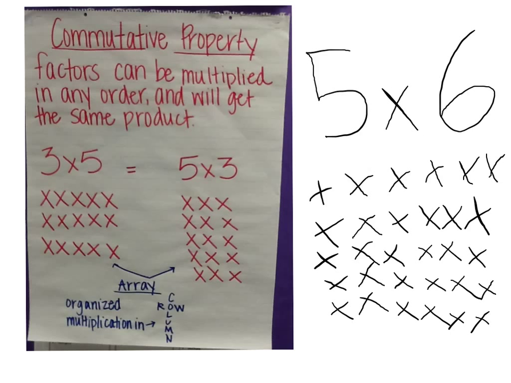That is 1, 2, 3, 4, 5 rows with 1, 2, 3, 4, 5, 6 in each.